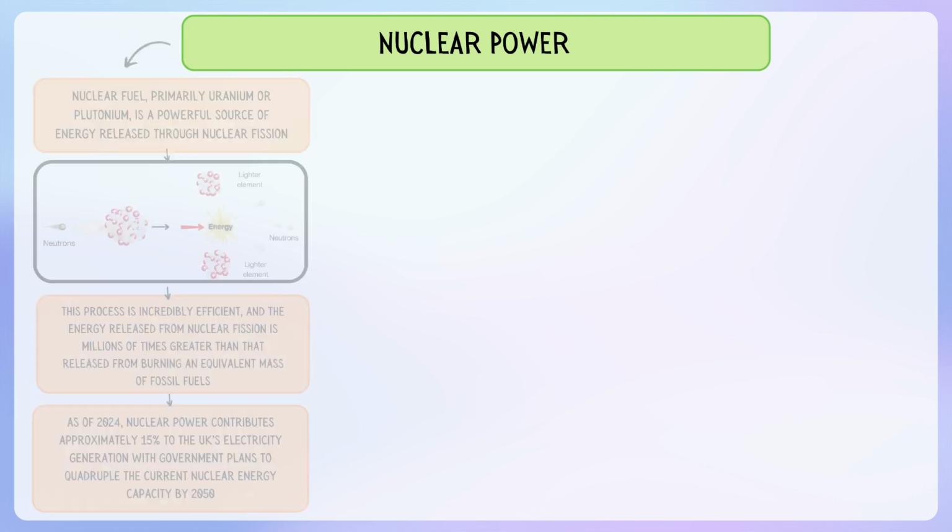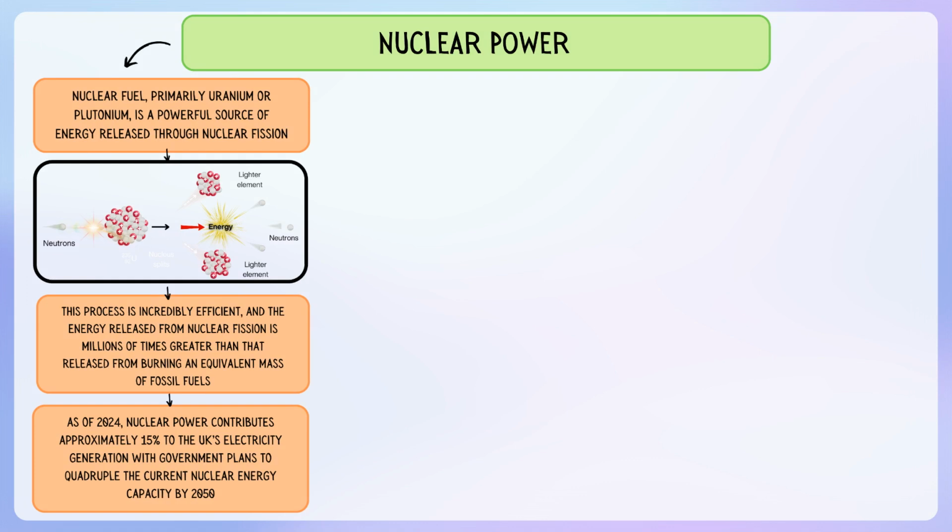In today's lesson, we explored the topic of nuclear energy. We learned that nuclear fuel, primarily uranium or plutonium, is a powerful source of energy released through nuclear fission. This process involves splitting atomic nuclei to generate heat, which is then used to produce electricity in nuclear power plants.